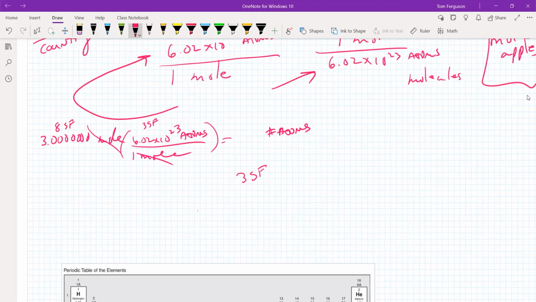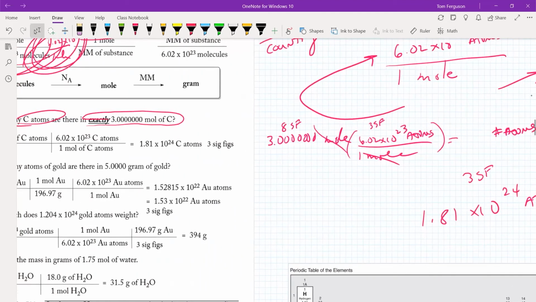So that's going to be 1.81 times 10 to the 24 atoms. Okay, so we have 3 sig figs.